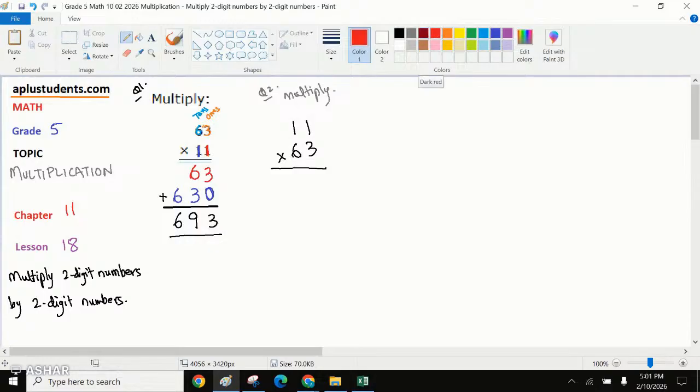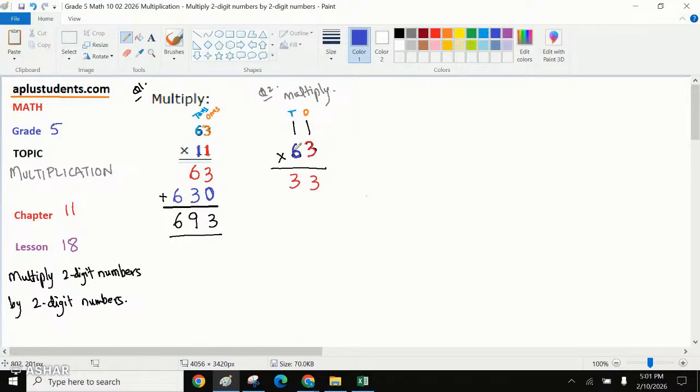Now what we know is this was ones and this was tens. The first ones is multiplied with everything. 3 multiplied by 1 was 3. Now what we need to do is multiply the tens with both the digits.